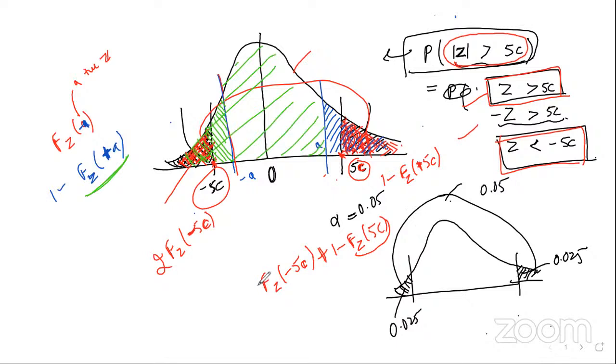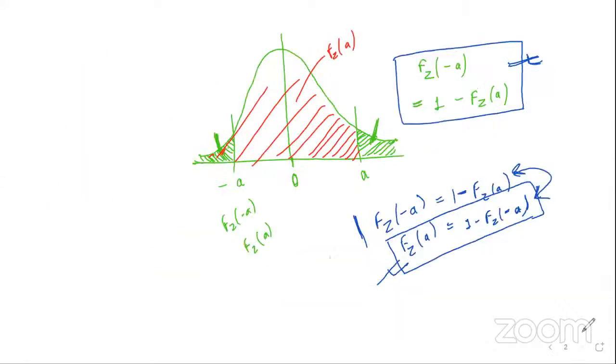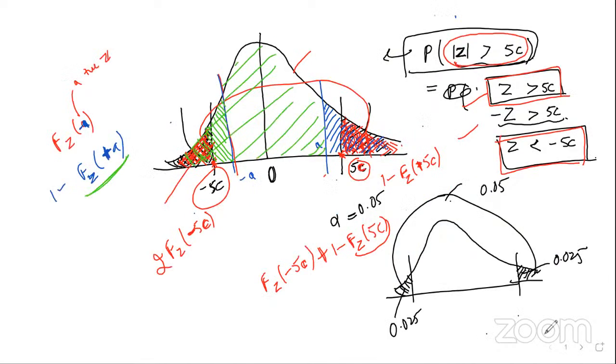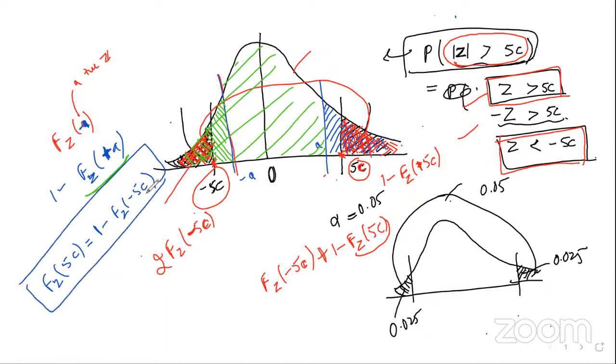Now, since we had F of minus 5c plus 1 minus F of 5c, and from here we saw that F of a can be written as 1 minus F of minus a, so F of 5c can be written as 1 minus F of minus 5c, right? This is from here.